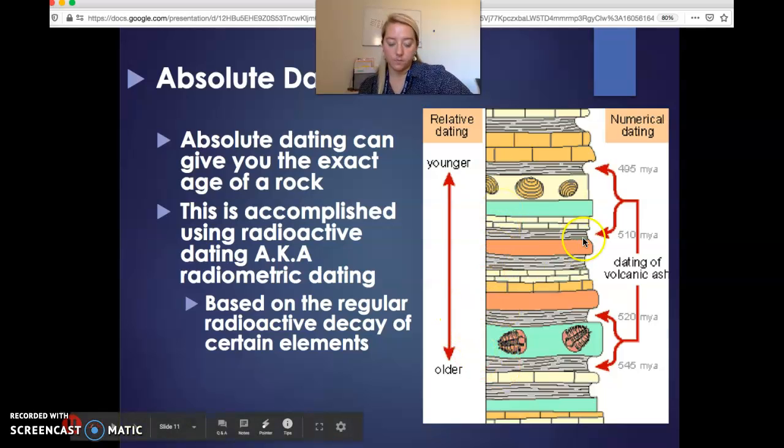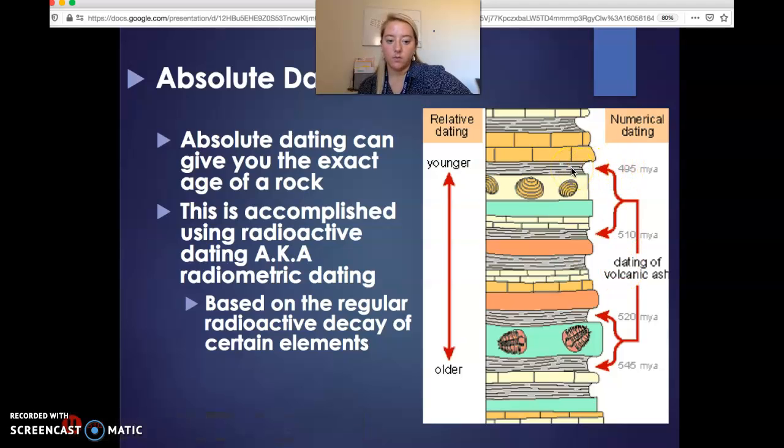That's relative. But with numerical dating, if I wanted to date these layers, by the way, it works best and is most successful with igneous rocks. So typically we will only absolute date igneous rocks. I can tell you exactly when these were formed using absolute dating.